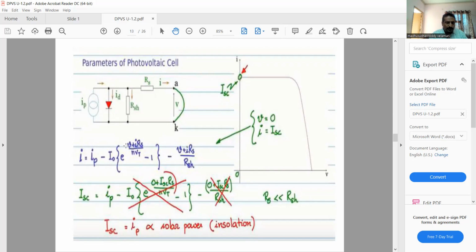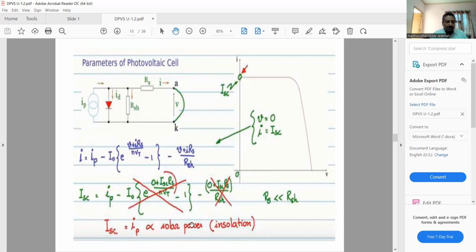Then the RS divided by NVT term is eliminated. RS by RSH: RSH is much larger, because the parallel resistance should be large and the series resistance very small. So less divided by more, we can eliminate this value. Therefore, ISC is equal to IP. At this position, we always obtain the short circuit current.